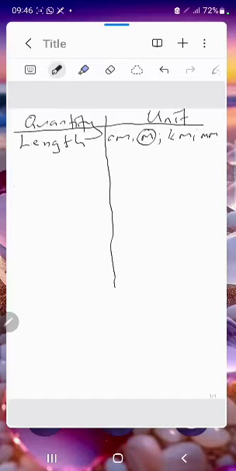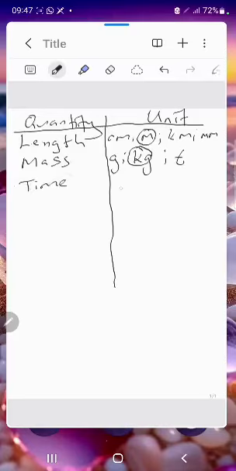Okay, another quantity is mass. Mass can be measured in grams, kilograms, and in tons. But SI units for mass are kilograms or kg. These are standard international units for mass. Another quantity is time.